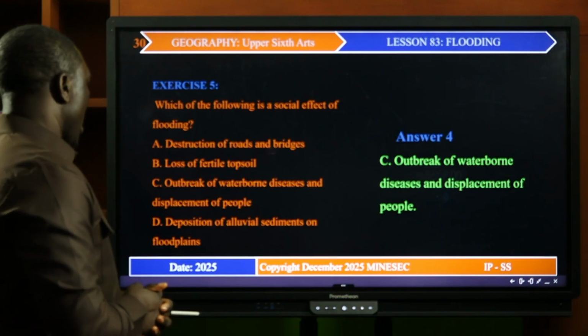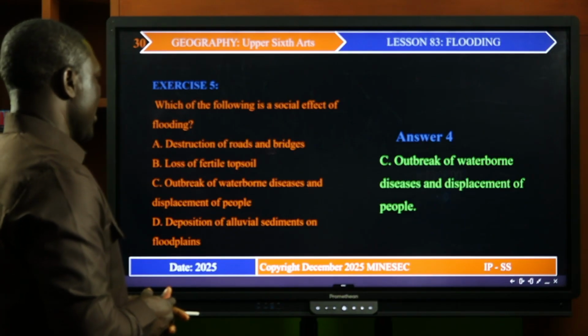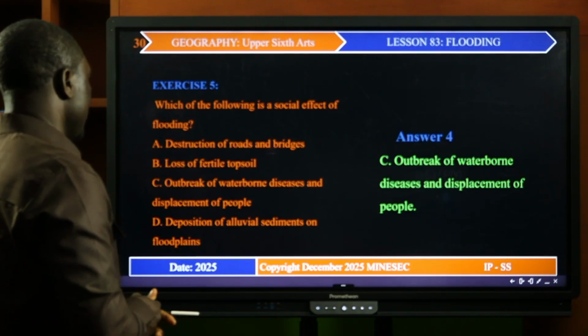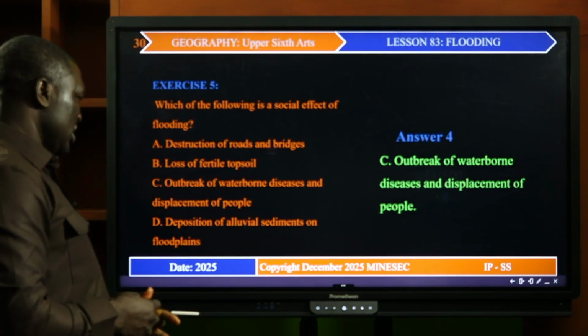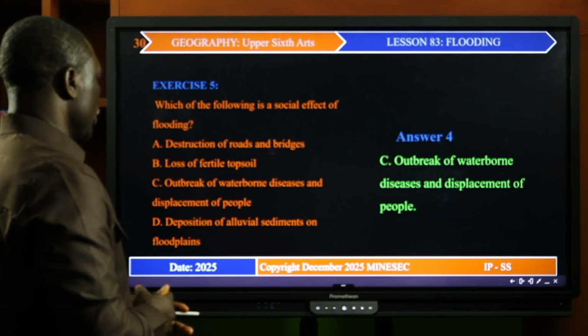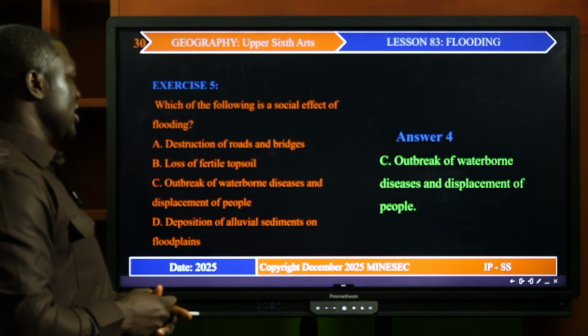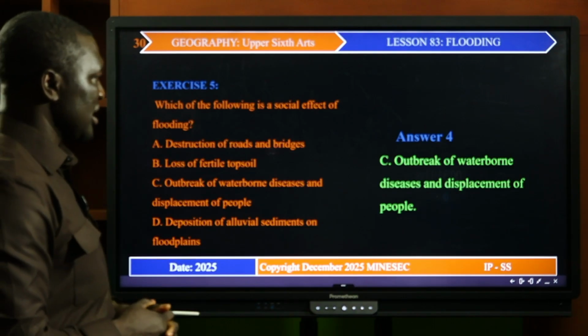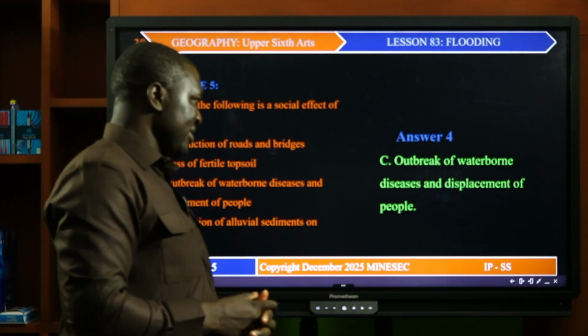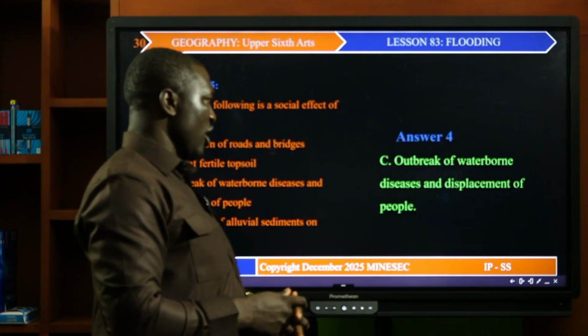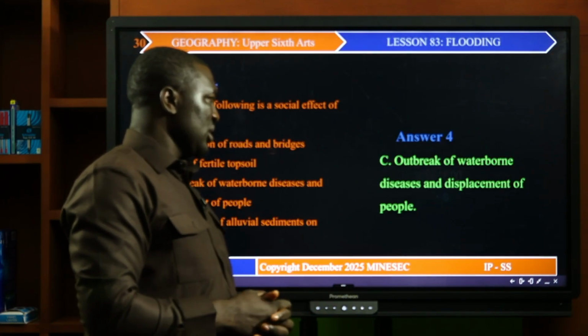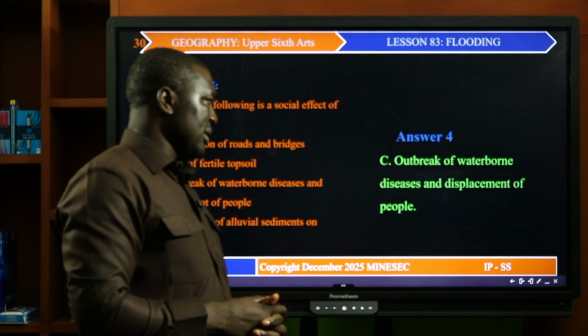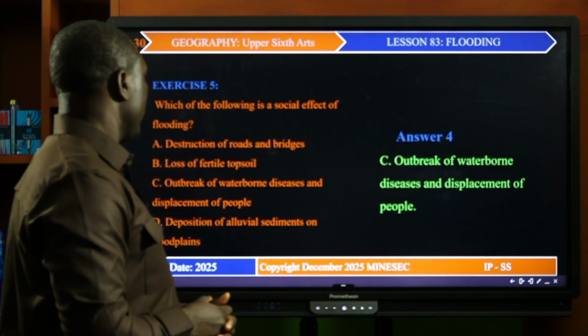C. Outbreak of waterborne diseases and displacement of people. D. Deposition of alluvial sediments on floodplains. The right answer is C, the outbreak of waterborne diseases and displacement of people.